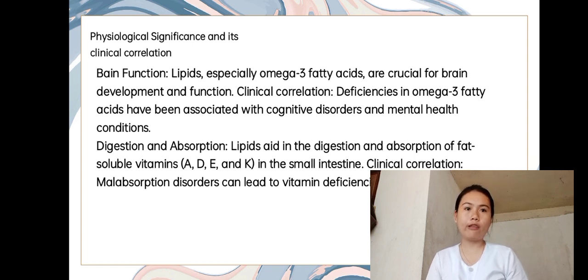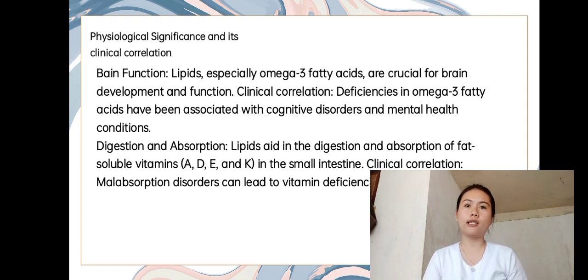Clinical correlation: deficiencies in omega-3 fatty acids have been associated with cognitive disorders and mental health conditions. So, kanang mga slow learner, basin nakulangan possible nga nakulangan sila og omega-3 sa development sa ilahang brain.